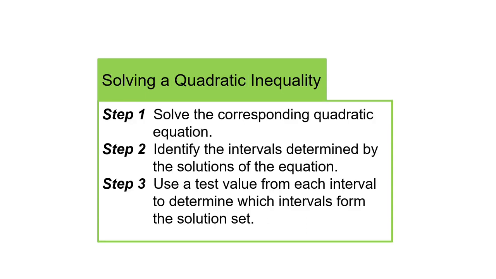To solve quadratic inequalities, there are 3 steps. Step 1, solve the corresponding quadratic equation. Step 2, identify the intervals determined by the solutions of the equation. And then step 3, use a test value from each interval to determine which intervals form the solution set.